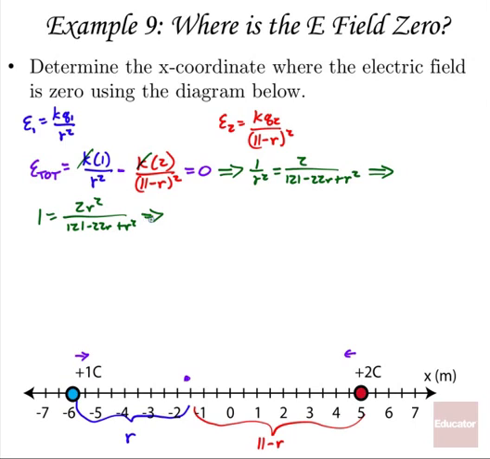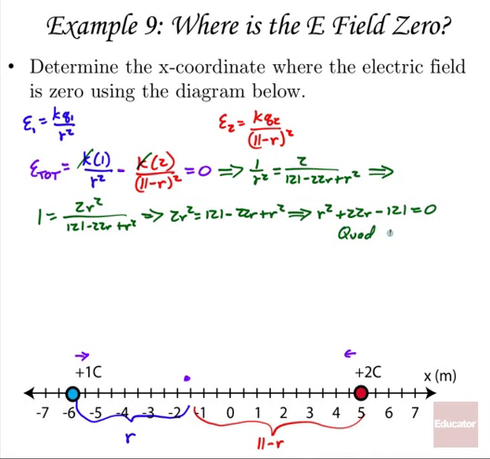Or with some cross multiplication, 2R squared equals 121 minus 22R plus R squared. Starting to look like a quadratic equation, so let's get it in that form. This implies that 2R squared minus R squared plus 22R minus 121 equals 0.